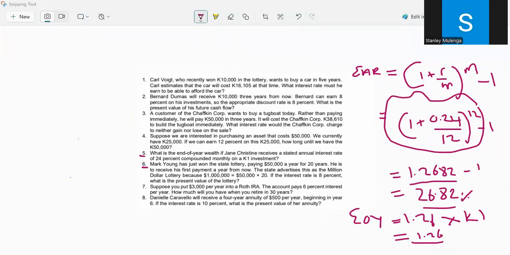So what are we looking at now? The present value of an annuity. Okay? The present value of an annuity.